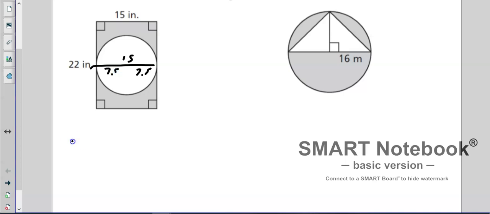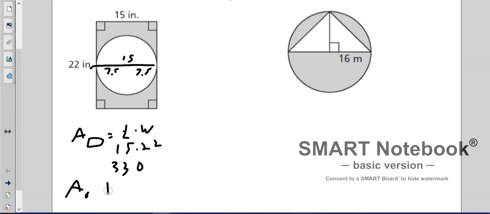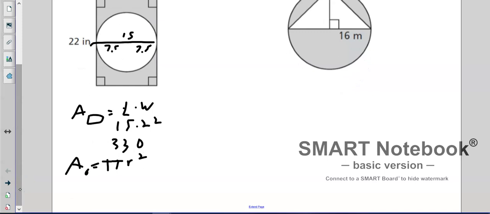Now, area of the rectangle is length times width. So that's just 15 times 22, which is 330. Area of the circle is pi r squared. So 7.5 squared times pi.